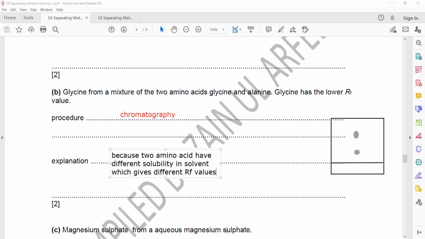Why do the two amino acids rise to a different height? Because they have different solubilities.